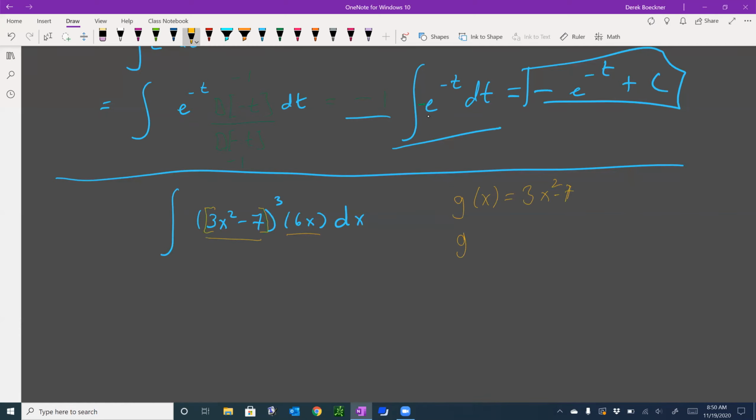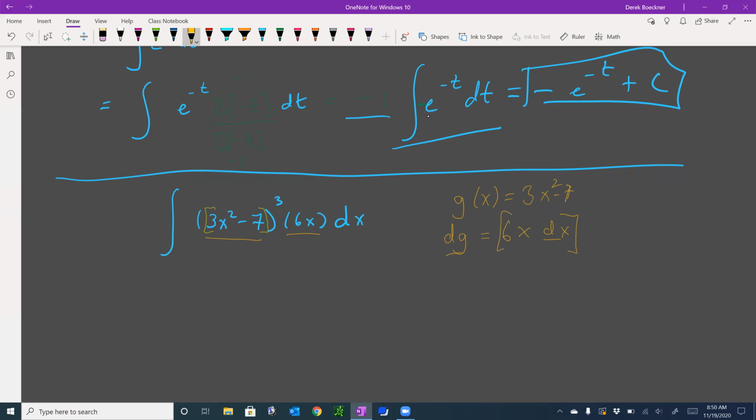Then I'm going to write dg in differential form rather than dg dx form: dg equals 6x dx. Instead of dg dx, you keep the dx on the other side.